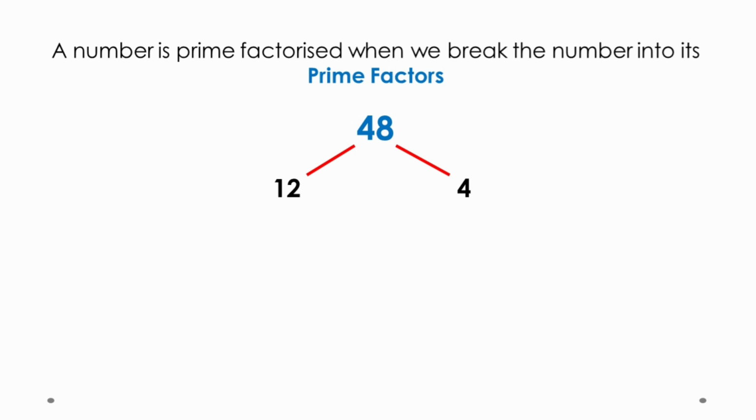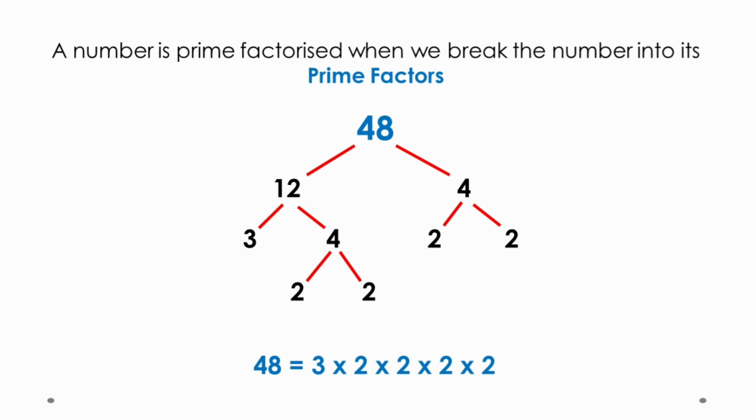We can further break 12 and 4 to get the prime factors. 12 can be further factorized as 3 into 4, and 4 can be further factorized as 2 into 2. So 48 can be factorized as 3 into 2 into 2 into 2 into 2. So 3, 2, 2, 2, 2 are the prime factors of 48.